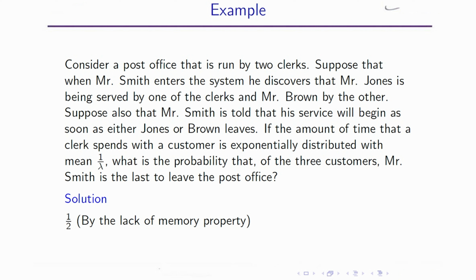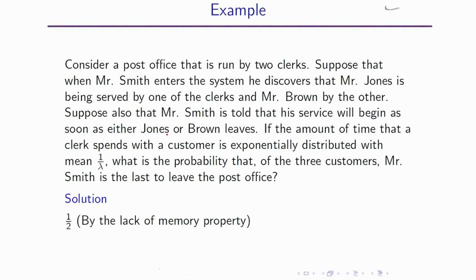Another example. We consider a post office that is run by 2 clerks. Suppose that when Mr. Smith entered the system, he discovered that 2 customers are already in the post office, Mr. Brown and Mr. Jones.